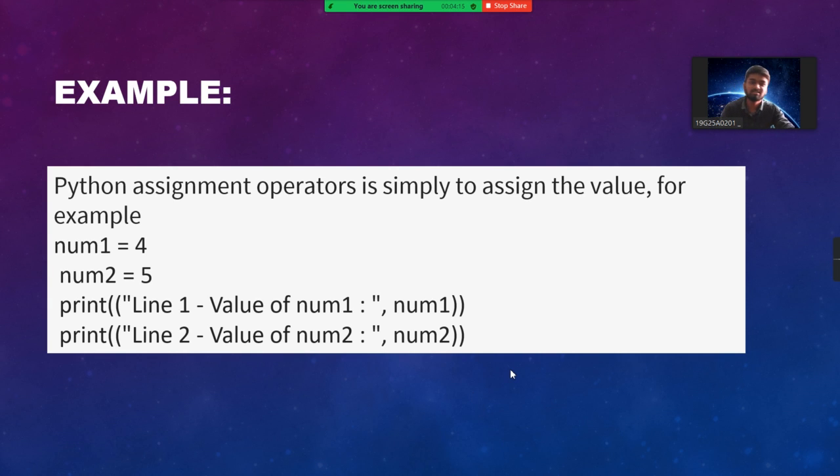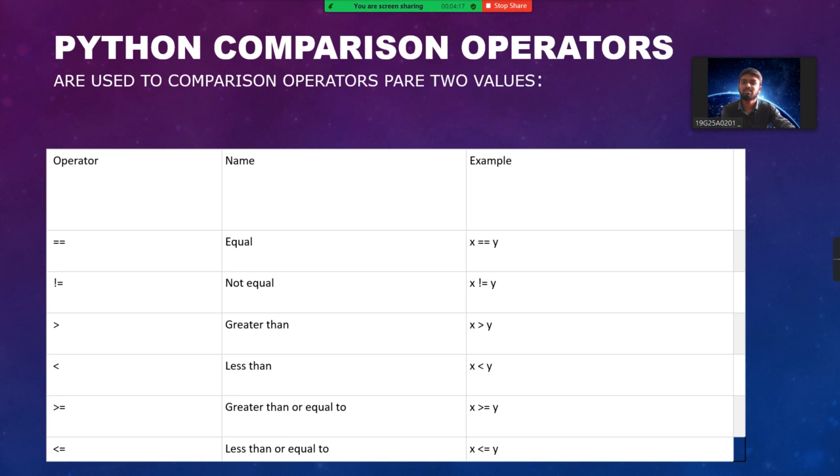Okay, the next one is Python comparison operators. These are equal to, not equal to, greater than, less than, greater than or equal to, less than or equal to, like that. If x is equal to 5, the condition is true or false, like that.